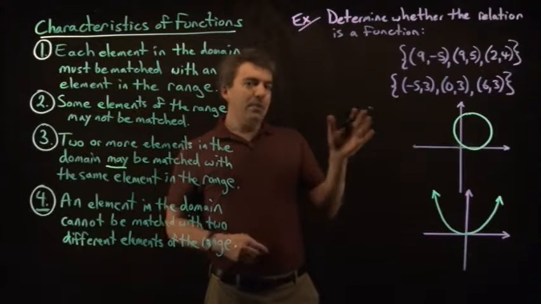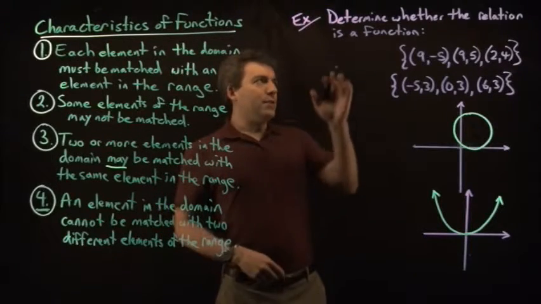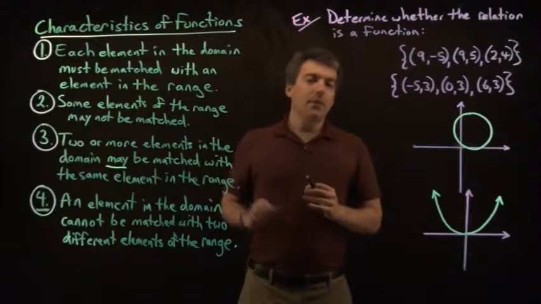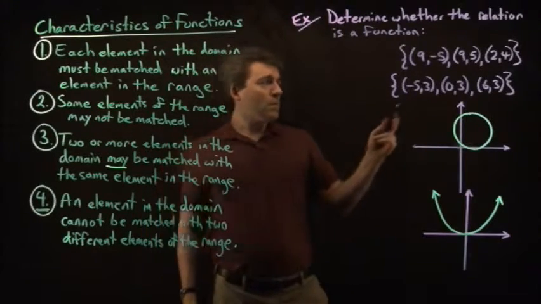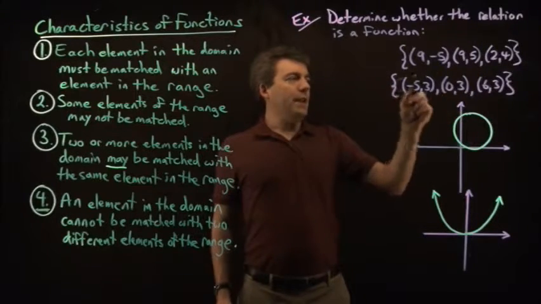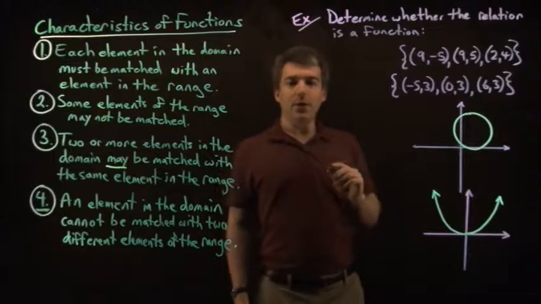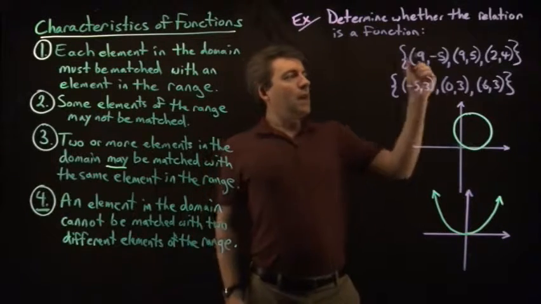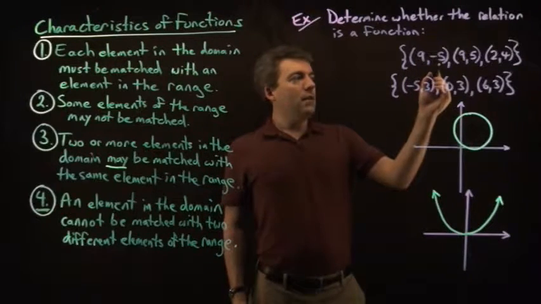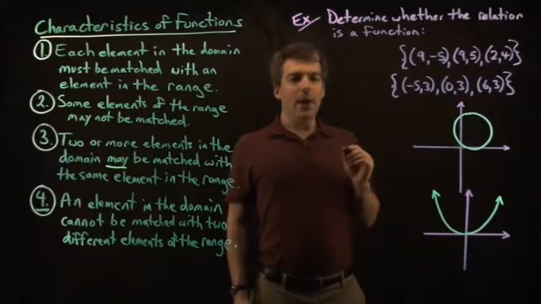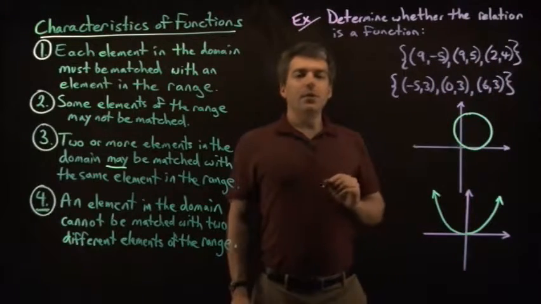Let's look at some examples of relations and determine whether that relation is a function based on these facts. So, let's look at this first relation. This relation has 3 ordered pairs, so you can think of 3 arrows. 9 goes to -5, 9 goes to 5, and 2 goes to 4.